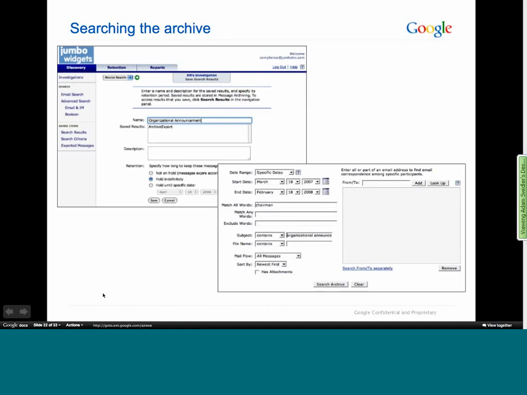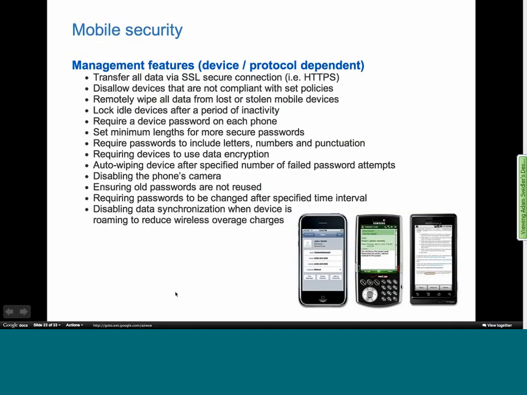So we use an open source library that's known as Lucene that provides a syntax for entering those queries, and they can be entered into that right side dialog box for doing more advanced searches, proximity searches, things of that nature. So again, that's all part of the Google Message Discovery product, an add-on to Google Apps.